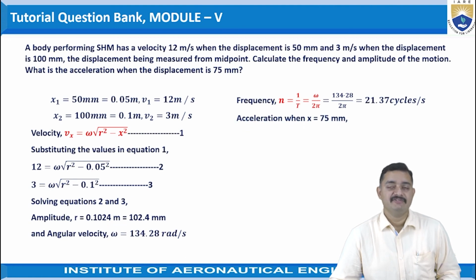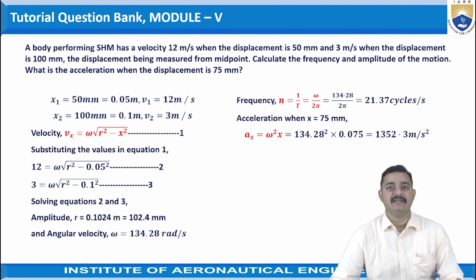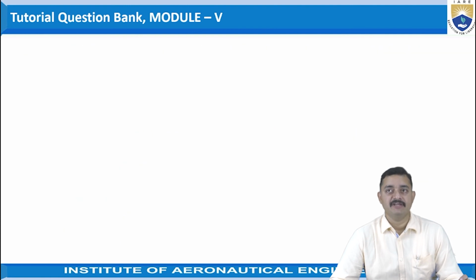The acceleration when x = 75 millimeters is a = omega square x = 134.28 square into 0.075 = 1352.3 meters per second square.